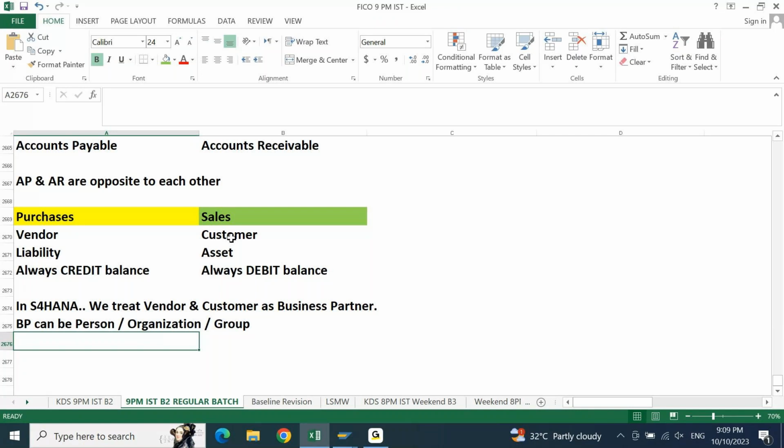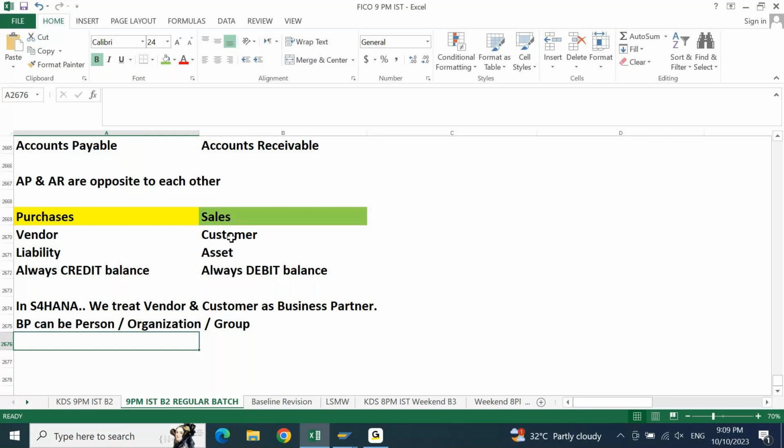You call it a group if it is a group company where you are selling commonly to multiple legal entities. Let's say I'm talking about Tata. Tata may have multiple company codes, Tata Steel, Tata Capital, but according to you, it's a Tata group. So in that case, you may create it as a group, but normally we don't use group majorly. You will be mostly dealing with person and organization.